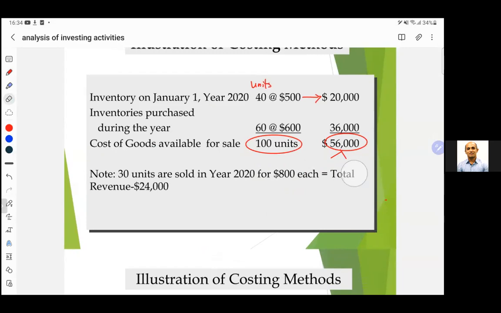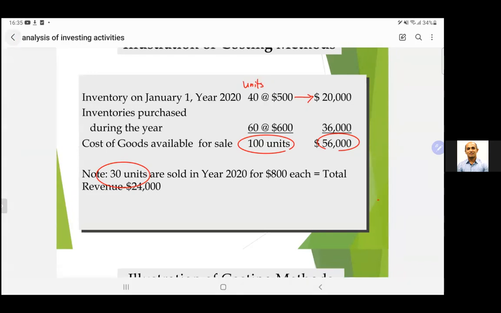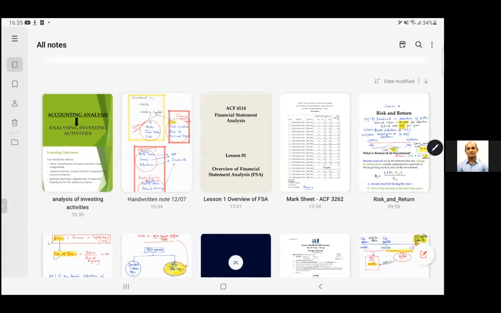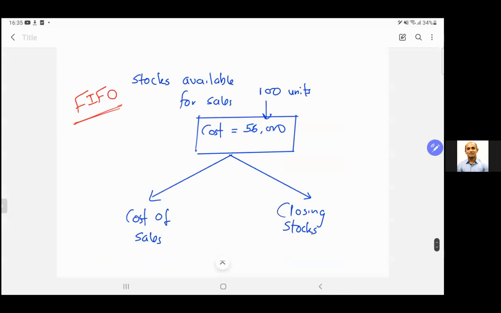During the year, the company has sold 30 units, selling price 800. So how much is the closing stock value under FIFO basis? Quickly find out.